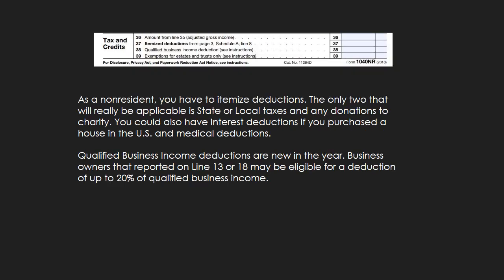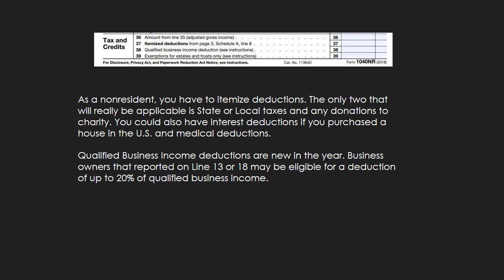Then taxes and credits. As a foreign taxpayer, you do not get the benefit of the standard deduction like US based taxpayers, so you have to itemize. Most common would be state taxes if you have a job here. Another one would be if you donate to a charity, or you have mortgage interest or medical expenses.